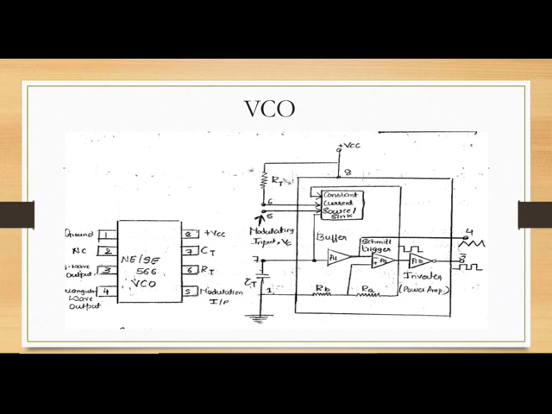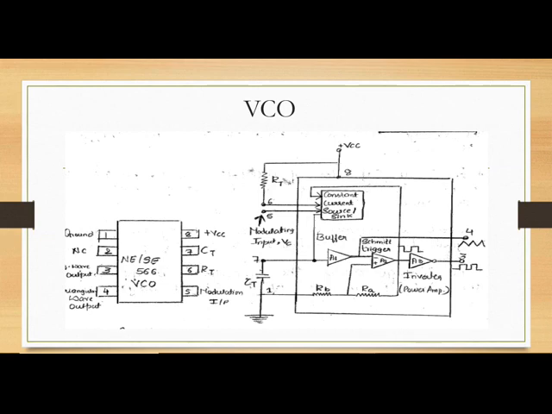Now the input to the buffer amplifier comes from the constant current source. There is a capacitor CT which is connected to the buffer amplifier A1. This CT is called the timing capacitor. This timing capacitor is linearly charged or discharged by a constant current source or sink.